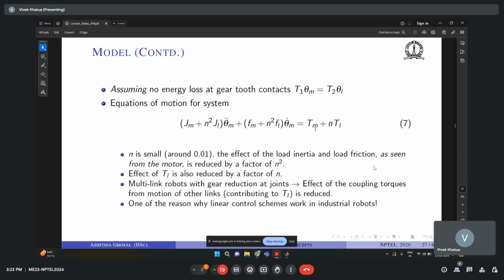So together we have that equal to our torques from motor and the link. Now this link torque is something that is either a disturbance, or when we apply force onto a link, that is what we mean by torque on the link, right?